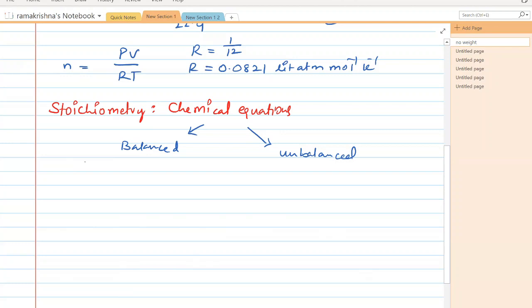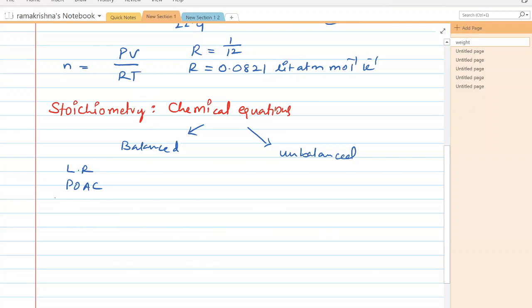With a balanced equation, we can find the limiting reagent, and it follows the principle of atomic conservation, the law of conservation of mass, and charge conservation. That means the reactant side and the product side have the same net charge.